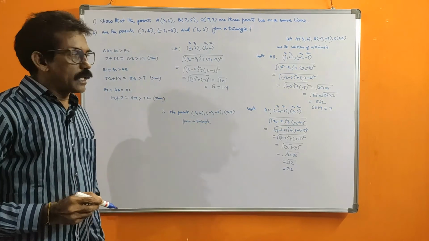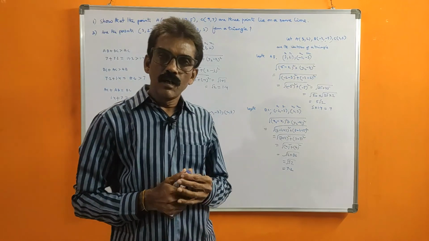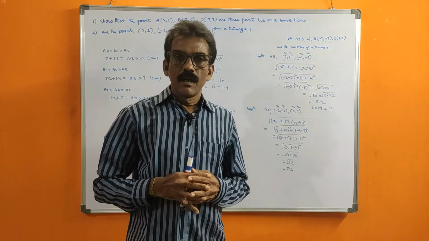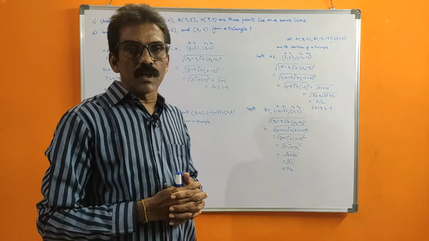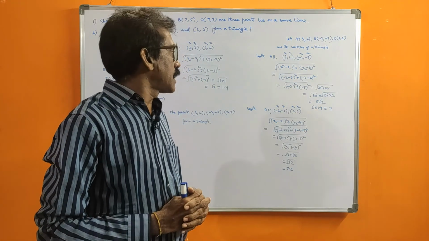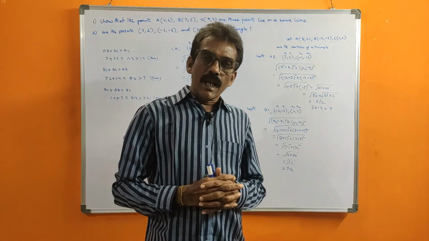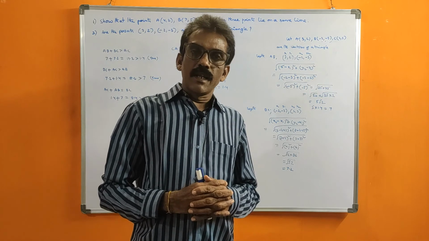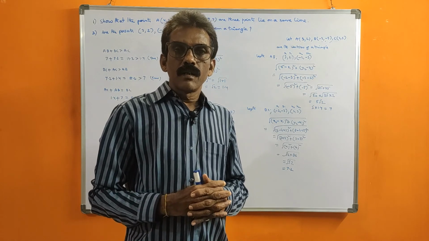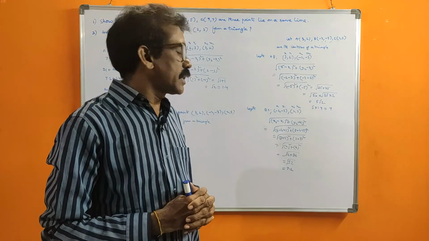So, like this we can do. That means for this, only two conditions. If the sum of any two sides is equal to the third side, it means the 3 points lie on the same line. If the sum of any two sides is greater than the third side, it means it is a triangle. That means the points are vertices of a triangle. Like that we can show.